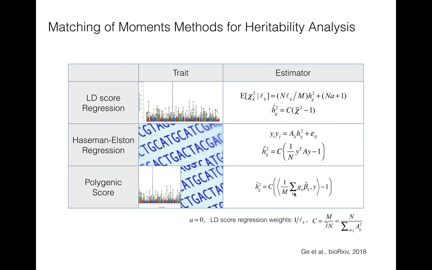This produces a polygenic score. And you do this inner product between the polygenic score and the phenotype and properly shift and scale this inner product. This also gives a heritability estimate. And we can show that all these three moment matching based heritability estimators are actually statistically equivalent. So depending on what data types you have, you can choose the most convenient estimator.